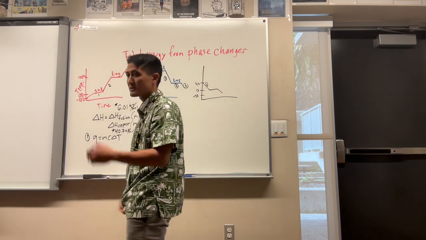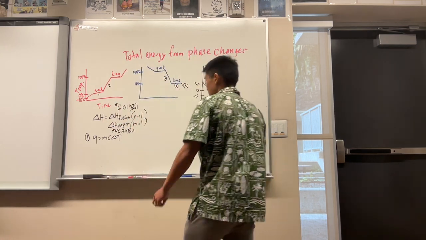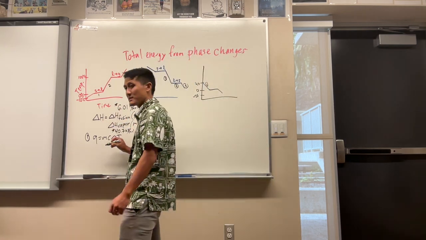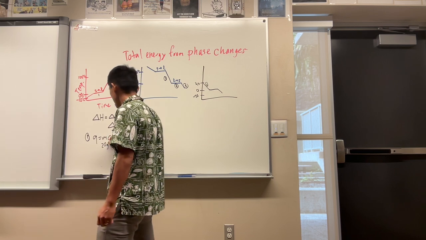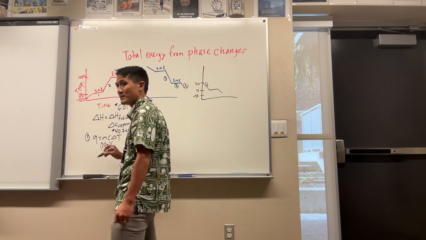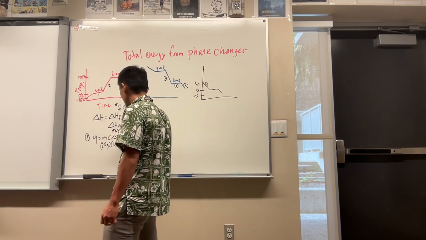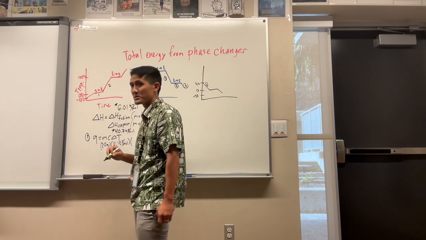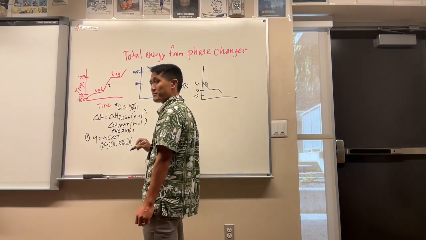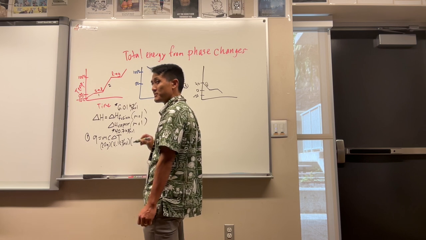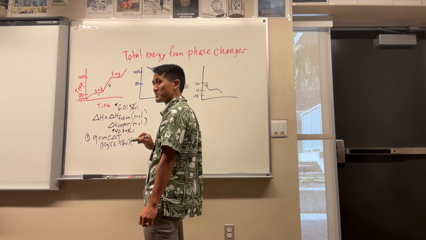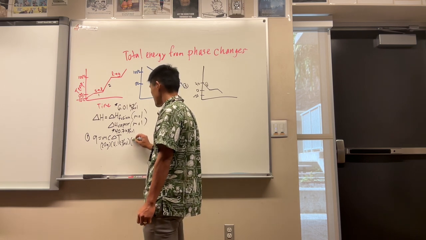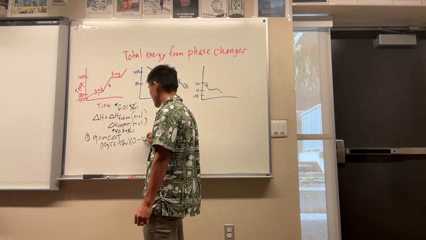Okay, so let's plug in. Mass is 20 grams. C is liquid water still, so 4.18. And then change in temperature. Is the final temperature 40 or is the initial temperature 40? Initial temperature, so it's going to be 0 minus 40.